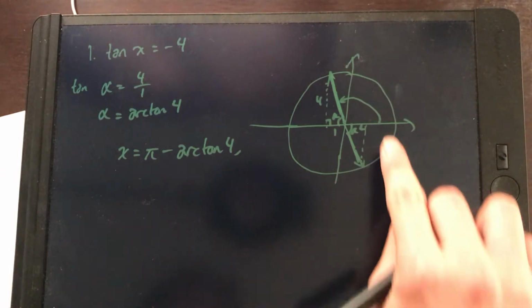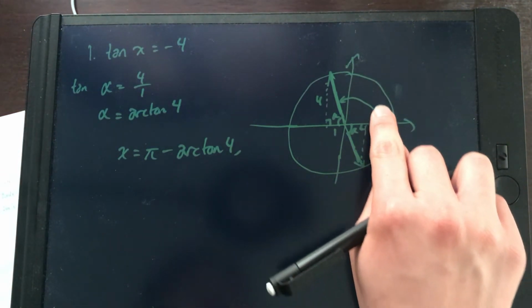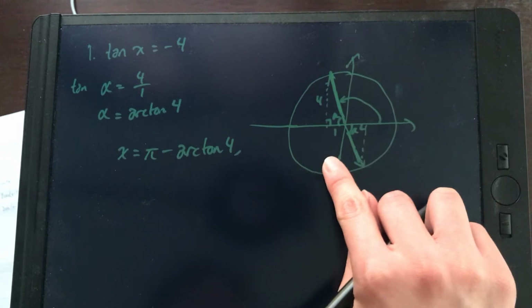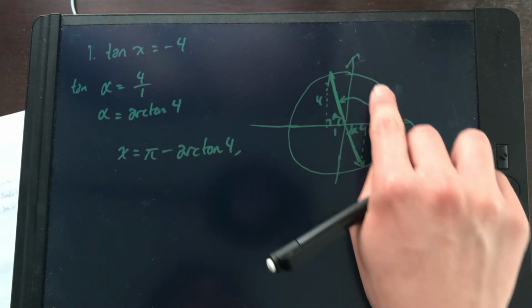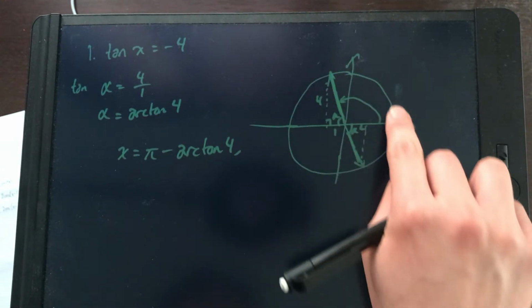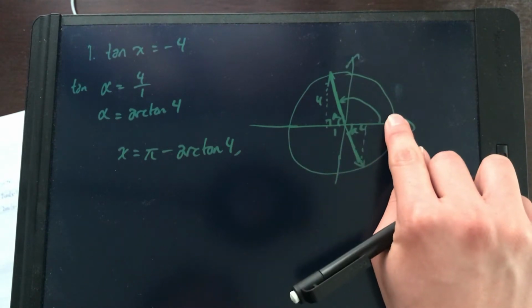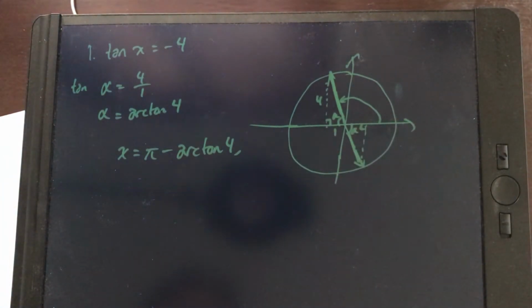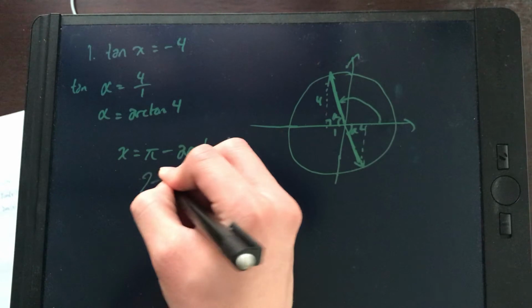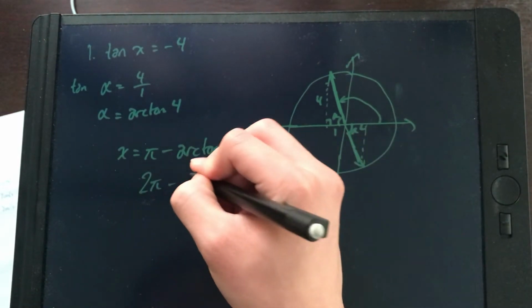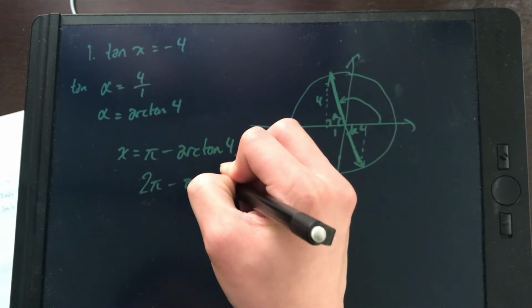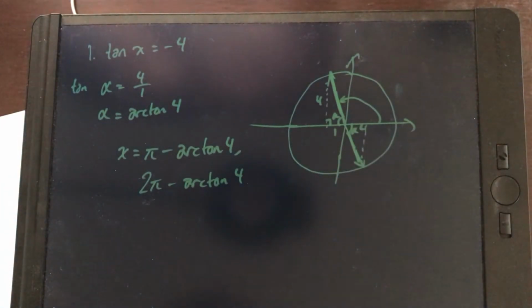Another possibility is, well, what if I go 3 pi over 2, nope, not quite there. What if I go pi, nope. What about 2 pi, and then I back up in alpha as well. So another solution might be 2 pi minus alpha, the reference angle, inverse tangent 4.